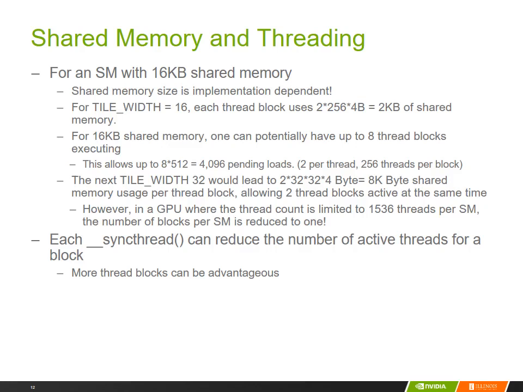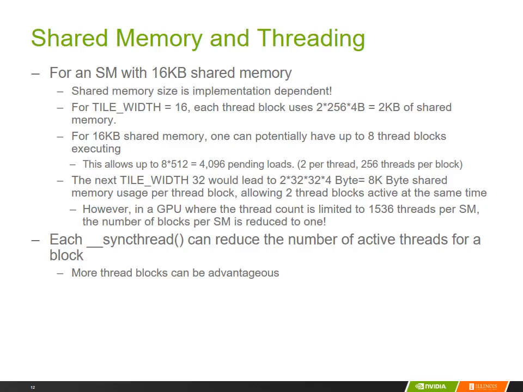So in this case, having a tile width of 16 can be much better than having a tile width of 32, because there are more thread blocks that will allow us to alleviate the problem of having most of the threads waiting at the synchronization.